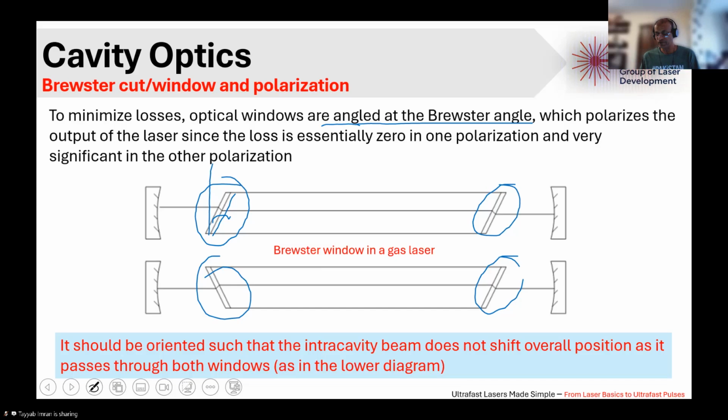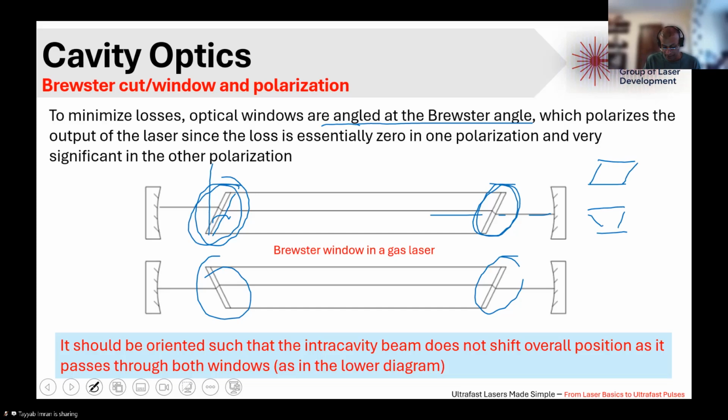There are two configurations here. One possibility, if you have a crystal, is to cut like this. The other possibility is to cut like this. If we have this kind of angle adjustment here, when the beam passes from here, it will change its path on returning back. So the beam will misalign.